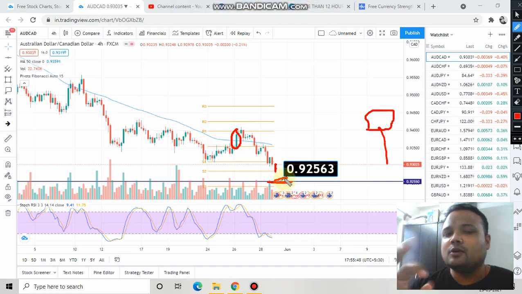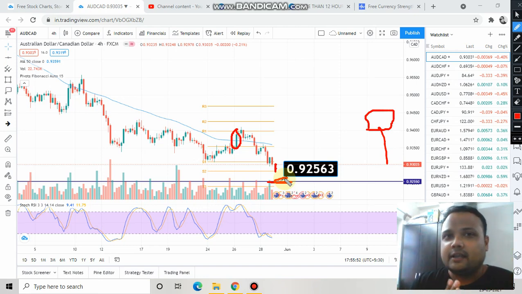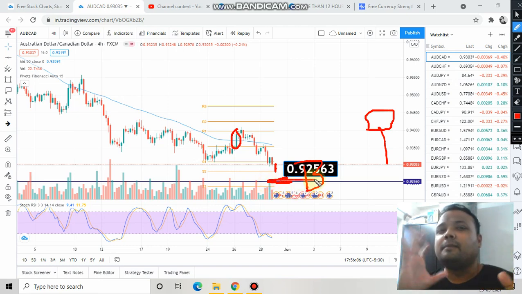And since your overall trend is towards the downside, keep your stop loss tight. You can take a small risk of buying at this level. And if you want to observe the market, then you can wait for 1 day or 2 days. If you want to take risk at this price level, you can go for a buy, but it totally depends on you.